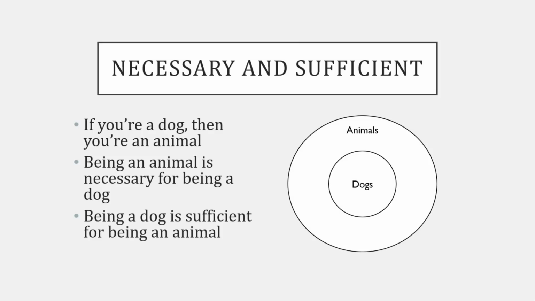With necessary and sufficient, we should say being an animal is necessary for being a dog. There's no non-animal dogs. And being a dog is sufficient for being an animal. If you're a dog, then you're an animal.